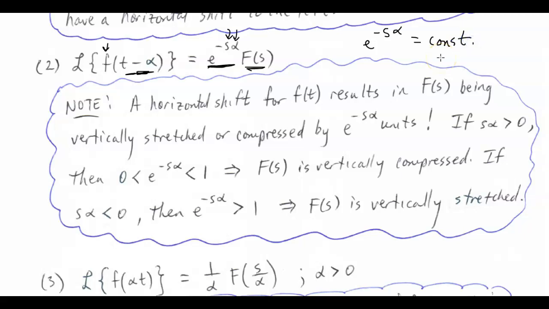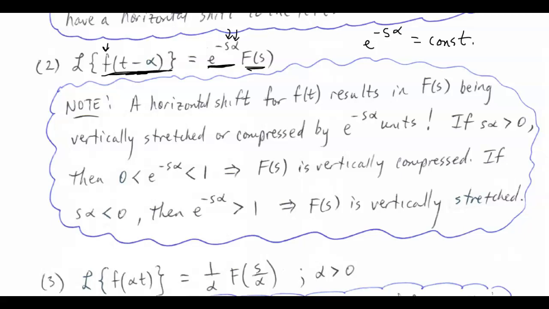So e raised to the minus s alpha is itself just a constant. Effectively, what we're saying is that if I have a horizontal shift in the time domain, then in my frequency or Laplace transform domain it's either going to increase the amplitude of my function or decrease the amplitude of my function.